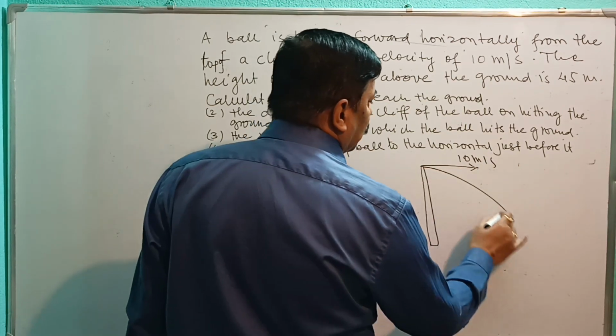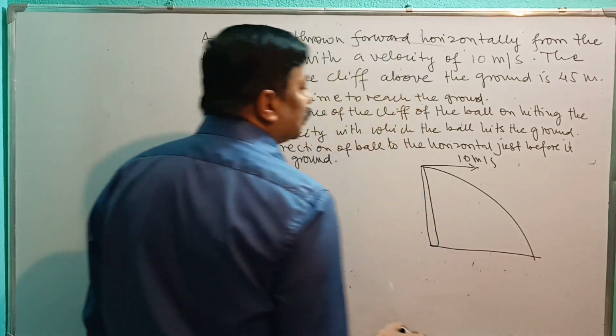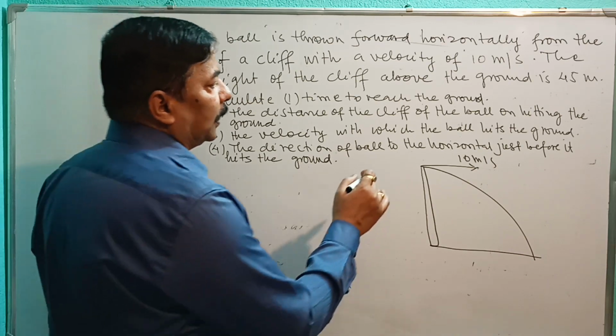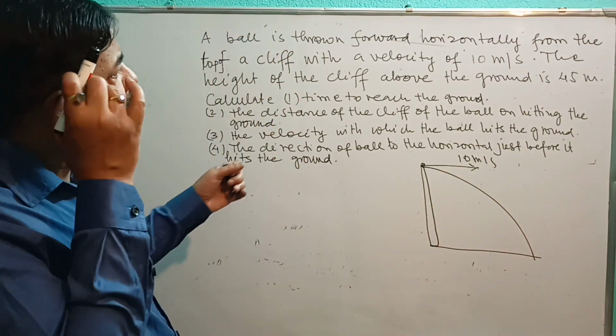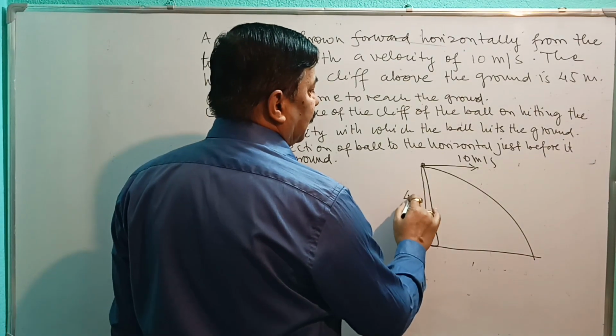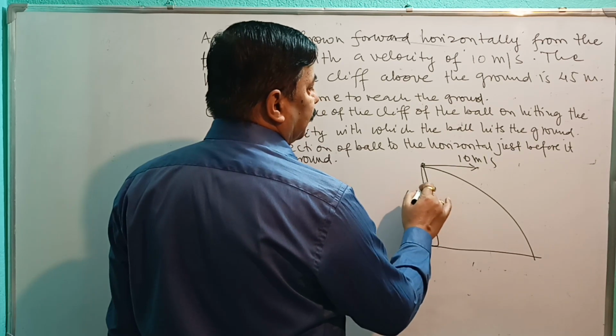Naturally, it is going to hit the ground. It will take a projectile motion. This is 10 meter per second. The height of the cliff above the ground is 45 meters. This height is given 45 meters. This is your cliff.